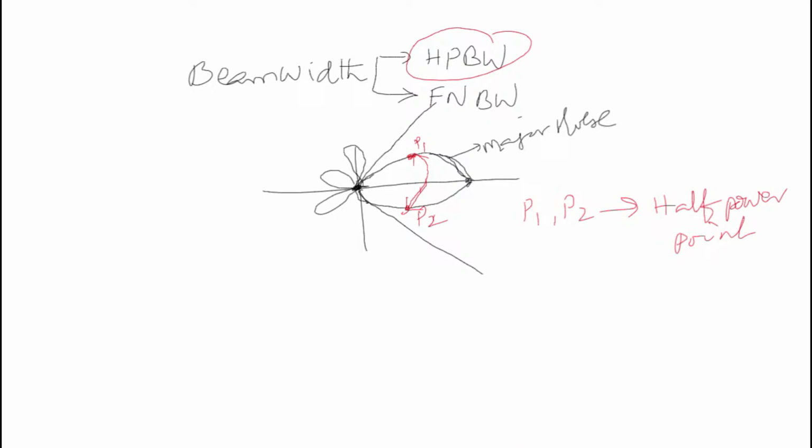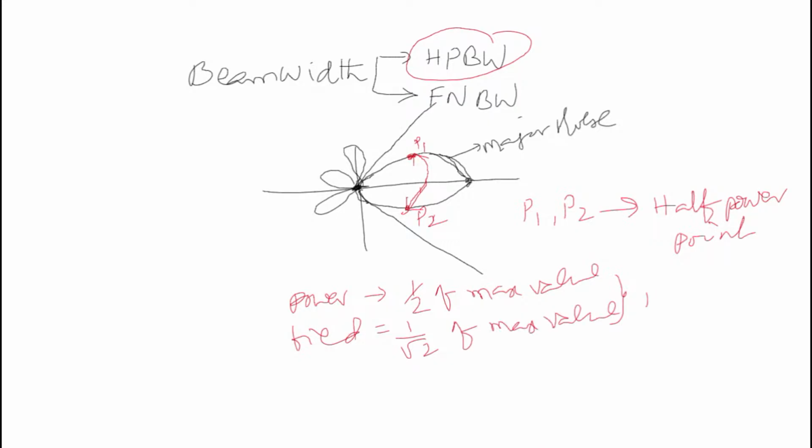What is meant by half power point? It is the point where power is equal to half of its maximum value. And as power is half of its maximum value, what about the field? Field is obviously equal to 1 by root 2 of its maximum value.